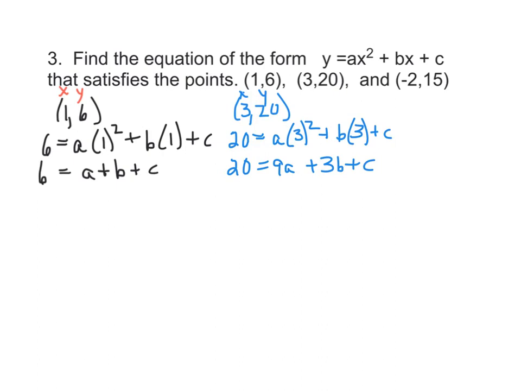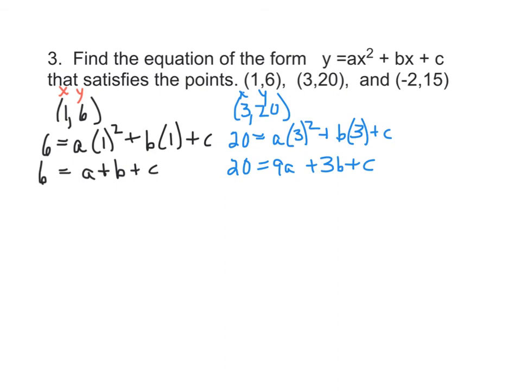Now take a minute and use the third point, (-2, 15), substitute it into your quadratic equation for x and y, and find the third equation that we'll need to use to solve for a, b, and c.